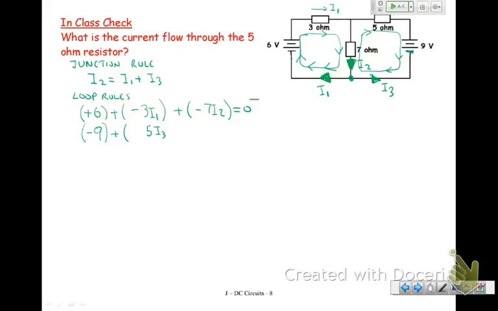I3 goes all the way around that bit. I3 is going to the right along the bottom, it goes up the page, and it goes to the left along the top. So my I3 is flowing to the left, but my loop is flowing to the right, opposite direction, so that's a positive.